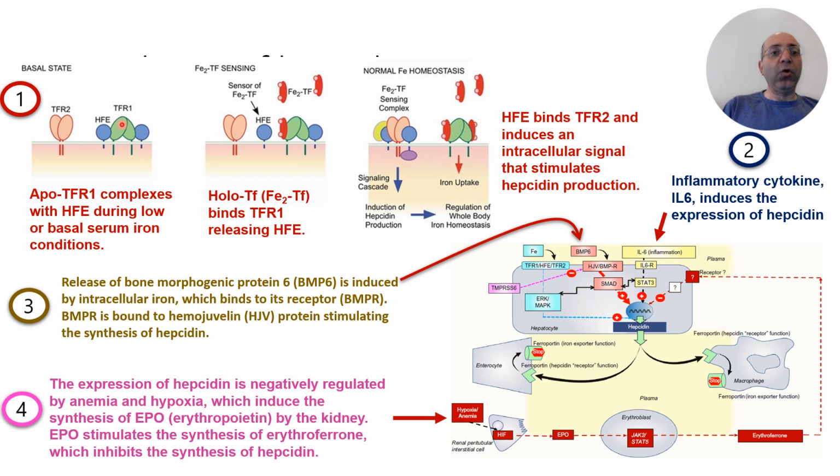Transferrin receptor 1 هو المسؤول على binding of transferrin and entry of iron into the cells. هذا بكون bound لبروتين اسمه HFE. اوكي؟ لما يجي الهولو ترانسفيرين، الدايفيريك ترانسفيرين اللي هو bound to iron atoms، the transferrin can bind to the transferrin receptor. حيصير في release لل HFE as a result of that وبعدين بيصير في عنا receptor mediated endocytosis.